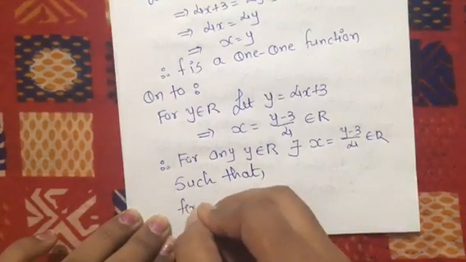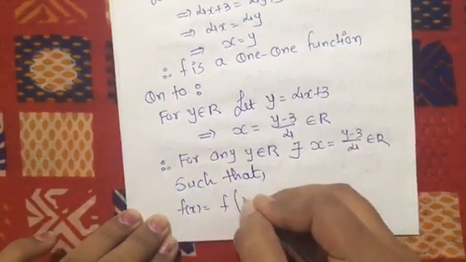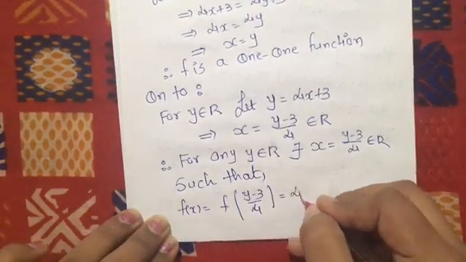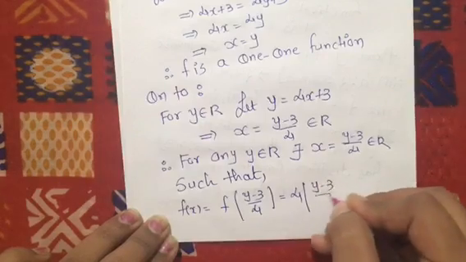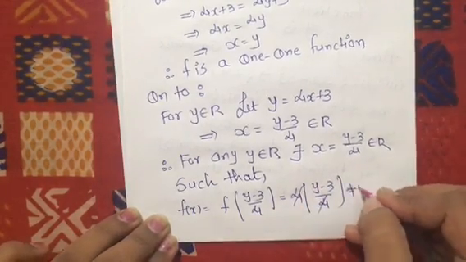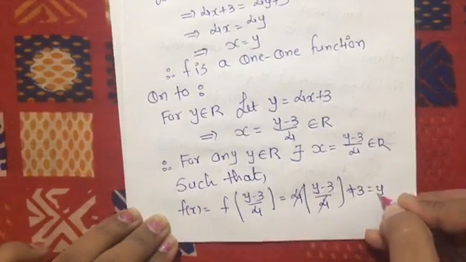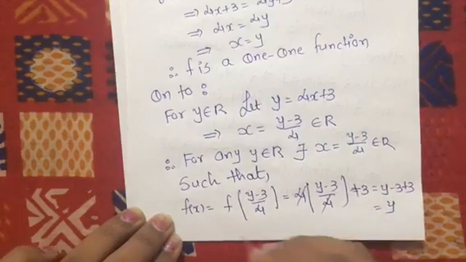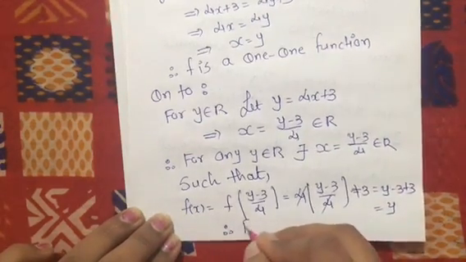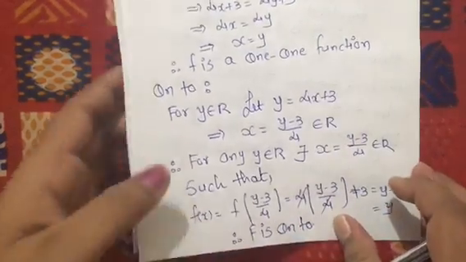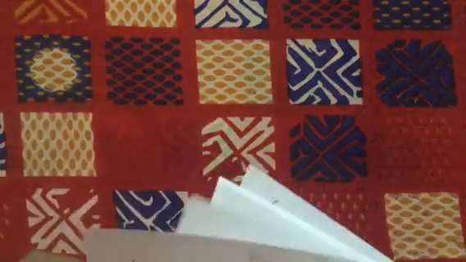f of x equals f of (y minus 3) divided by 4 equals 4 into (y minus 3) divided by 4, the 4 cancels, plus 3, equals y minus 3 plus 3, equals y. So f is onto. Since f is one-one and onto, f inverse exists.